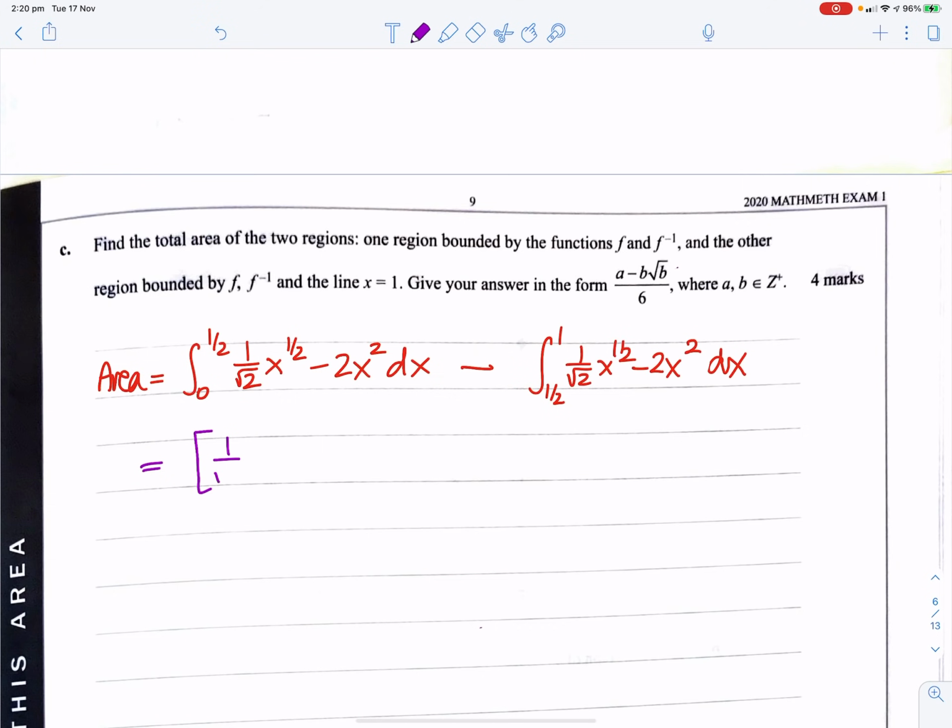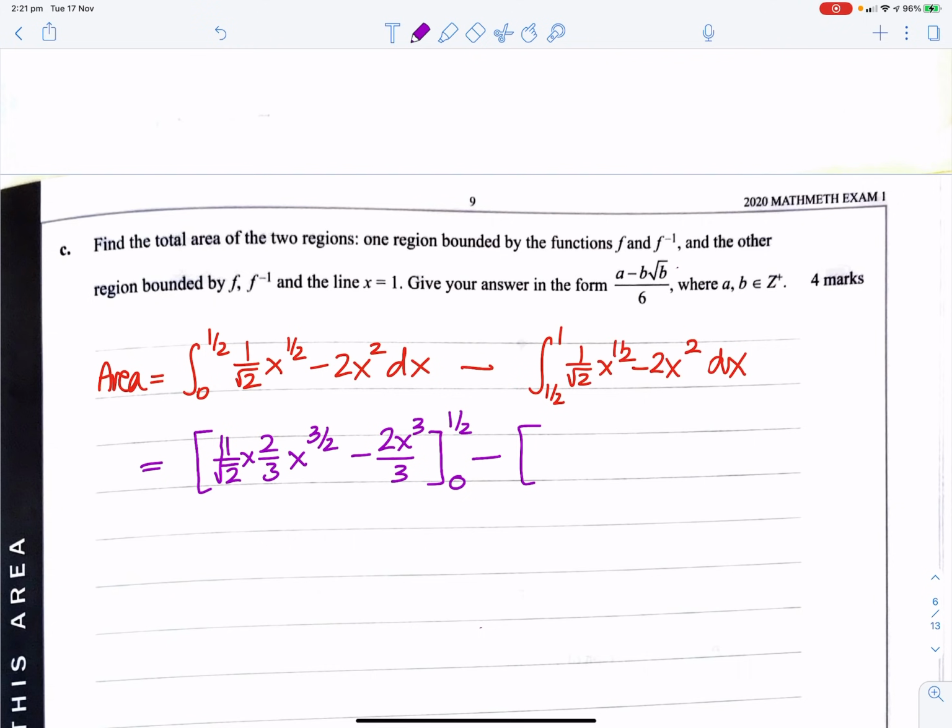Okay, I've got 1 on root 2. If I antidiff a half, I get 3 on 2, which becomes 2 on 3 out the front, x to the 3 on 2. And then, if I antidiff that, I get minus 2x cubed on 3 between a half and 0. Minus. Now, let's clean this up. If I've got a root 2 on the bottom, I can multiply the bottom and the top by root 2. That would disappear.